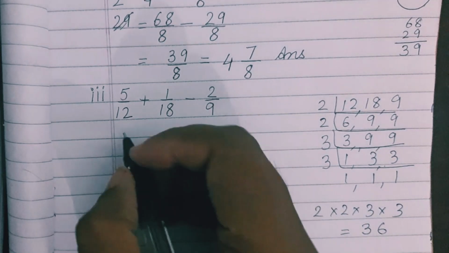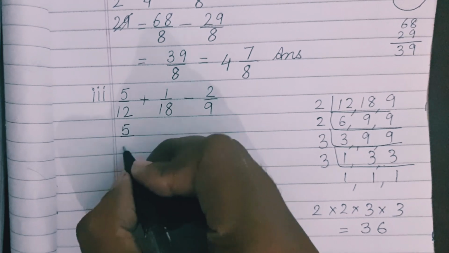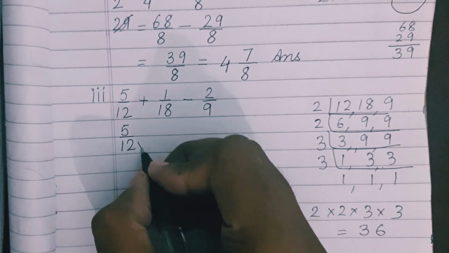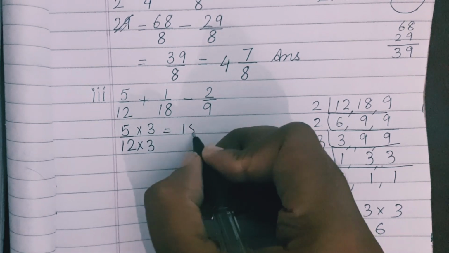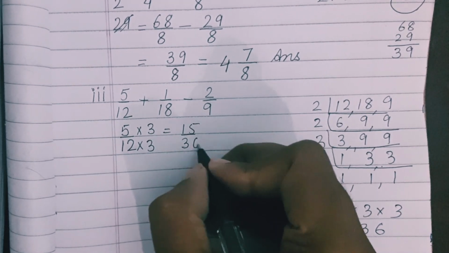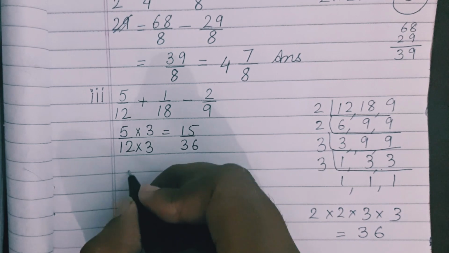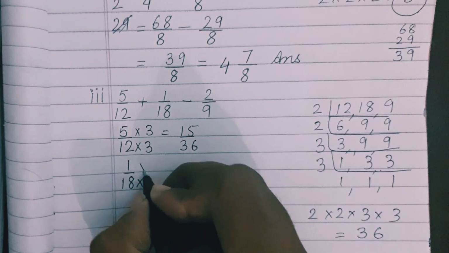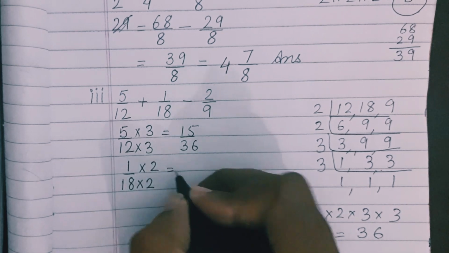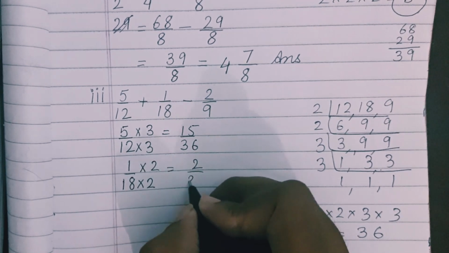LCM will be 36. Now the first fraction, 5 upon 12, means 12 3s are 36, so here also 3s are 15, it will come 15 upon 36. Second fraction, 1 upon 18, in 18 when you multiply by 2 it will come 36, so 2 upon 36.